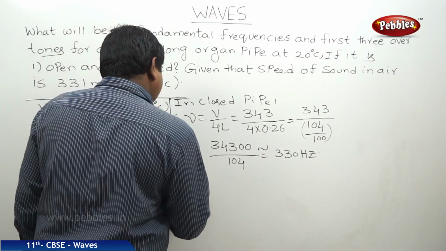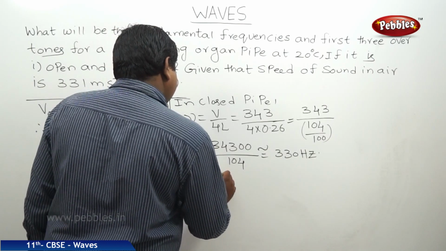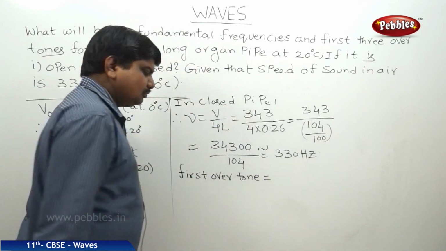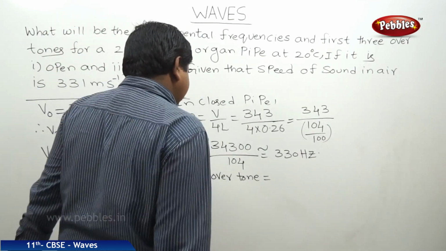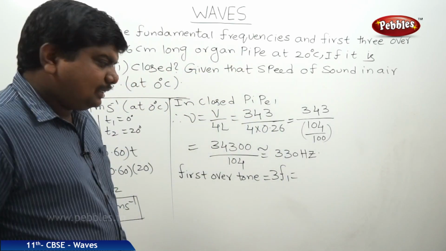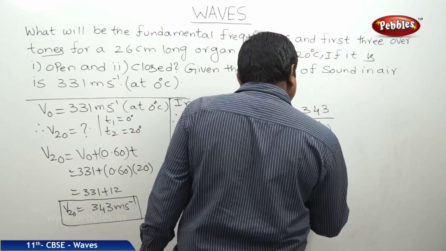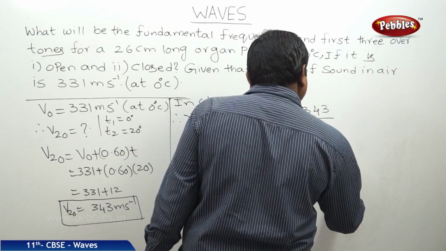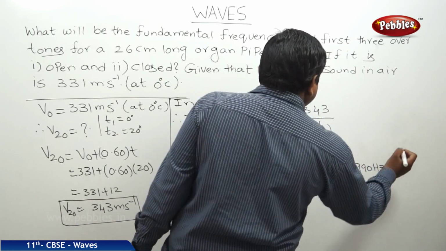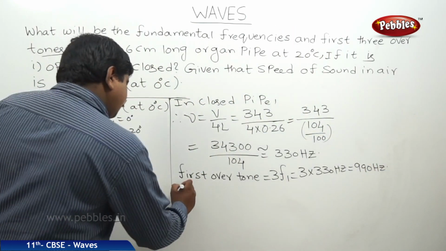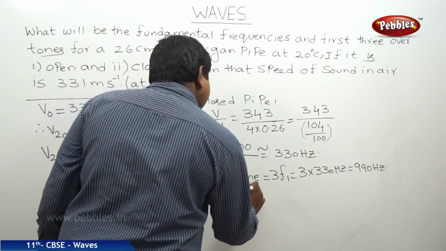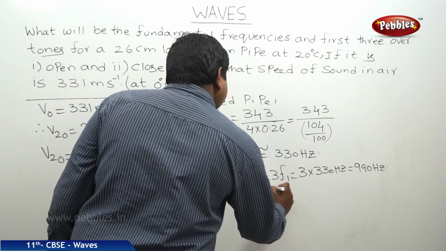And what about the first overtone? The first overtone is 3 F1, nothing but 3 into 330 Hz, that is equal to 990 Hz. Second overtone, nothing but 5 F1.